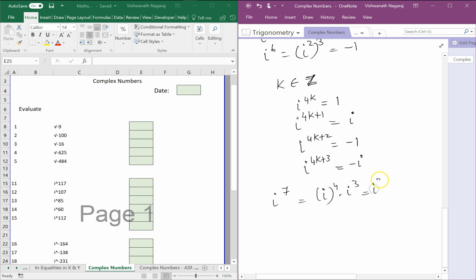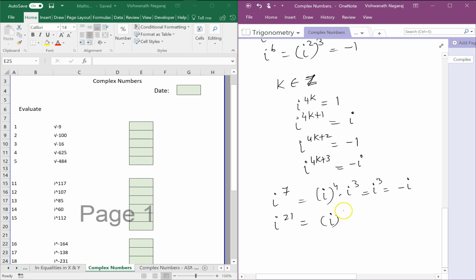So you are left with i to the power of 3. That is the remainder part, which is 3, so this becomes 4k plus 3. So minus i.